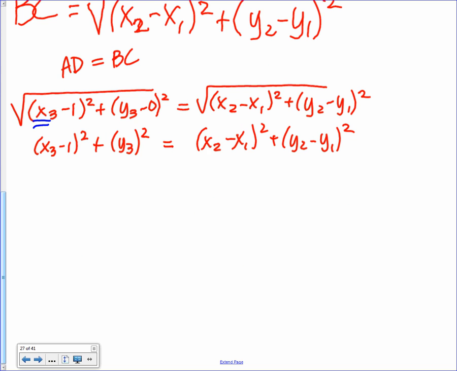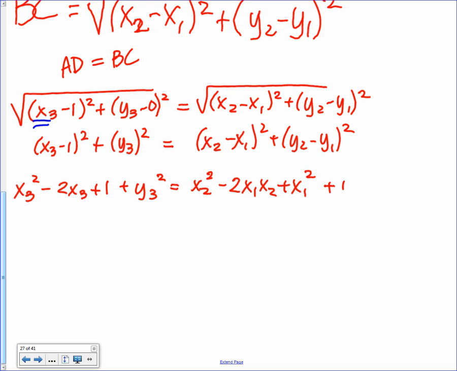This first set of perfect squares would be x sub 3 squared minus 2x sub 3 plus 1 plus y sub 3 squared equals x sub 2 squared minus 2x sub 1 x sub 2 plus x sub 1 squared. I'm just FOILing things out, people. Plus y sub 2 squared minus 2y sub 1 y sub 2 plus y sub 1 squared.